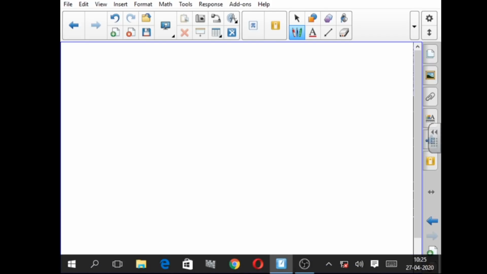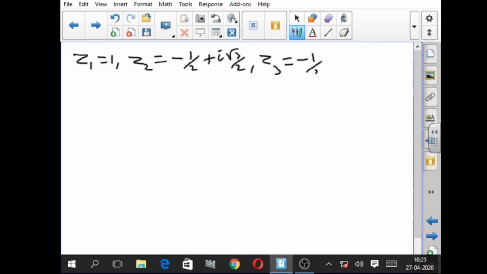Now we will find the length of the sides. Z1 is equal to 1, Z2 is equal to minus 1 by 2 plus i root 3 by 2, and Z3 is equal to minus 1 by 2 minus i root 3 by 2.